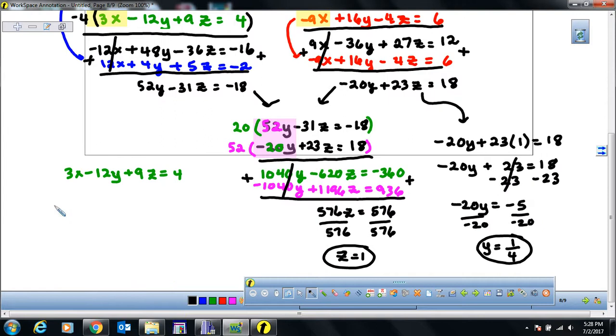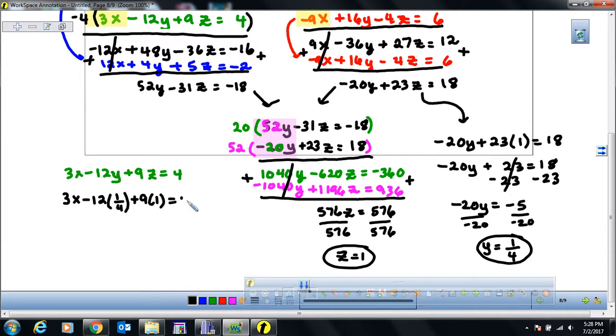So it's going to be 3x minus 12. We already know y is 1/4. Plus 9 times z, which is 1, must equal 4. So we get 3x, negative 12 times 1/4 is going to be negative 3, and 9 times 1 is going to be 9.